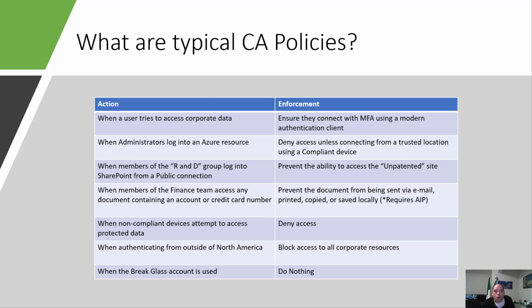The most important one of all is on the bottom, the break glass account. If you don't know what a break glass account is, that's a special Azure account that we create that is specifically used in the event of an emergency, right? Think in case of fire, break glass.